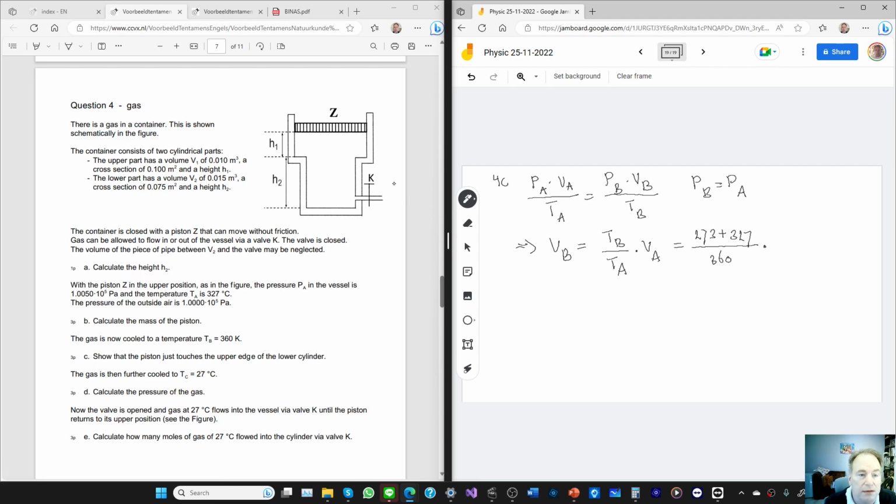And the total volume here is the sum of these volumes, which is 0.025 meters cubed.